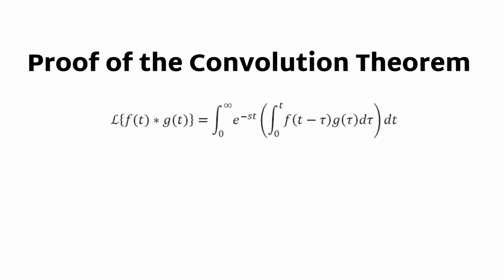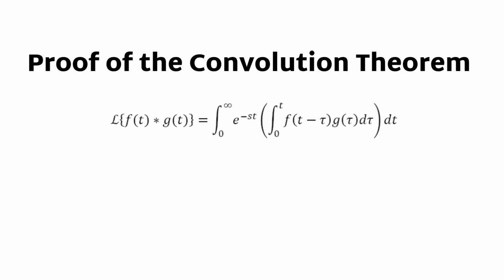Since we are dealing with the convolution of two functions, we will plug in the definition of the convolution, which is, for this example, f of t minus tau multiplied by g of tau d tau, evaluated from 0 to t. So right now we are dealing with double integrals.